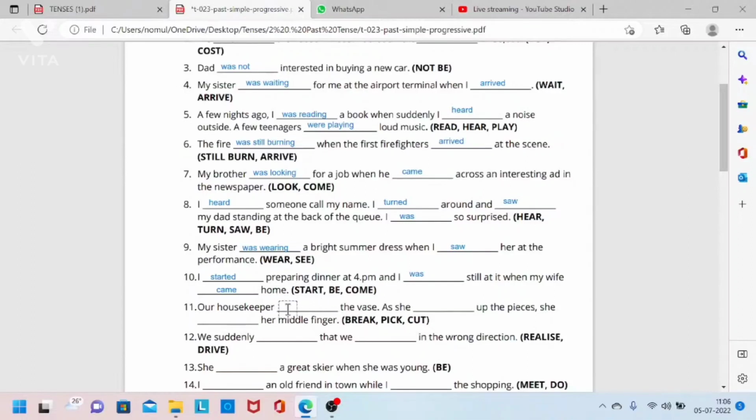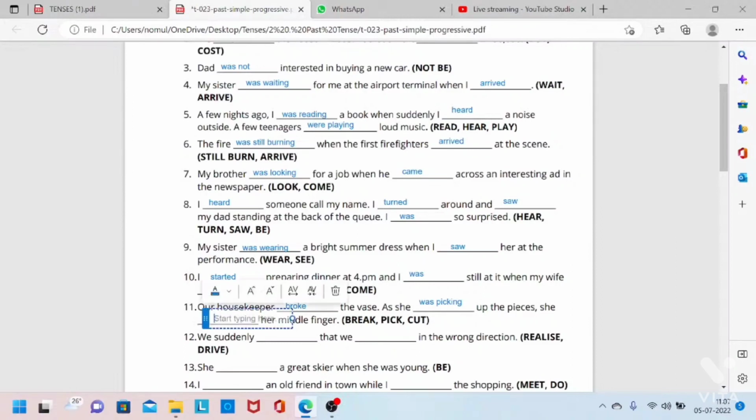So let us complete it quickly. So our housekeeper, now the break becomes broke. Okay, break becomes broke. And so our housekeeper broke the vase as she was picking up the pieces, what she has done, she cut.